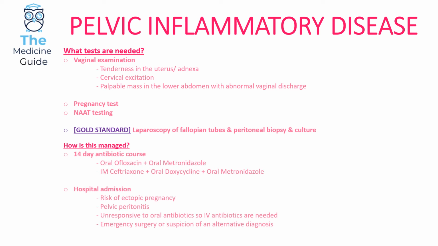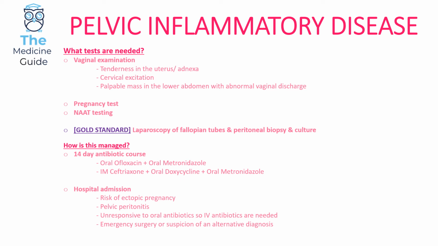So in terms of management, we can offer 14 days of antibiotics, so oral ofloxacin and oral metronidazole, or an alternative cocktail of antibiotics involving intramuscular ceftriaxone, oral doxycycline and oral metronidazole.